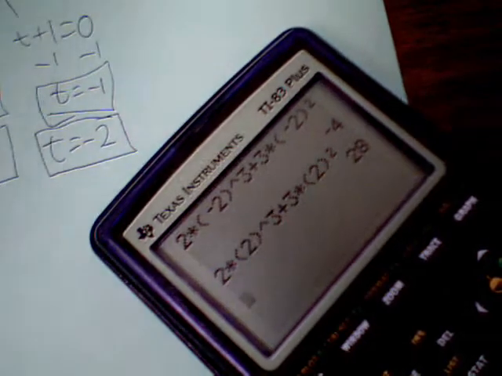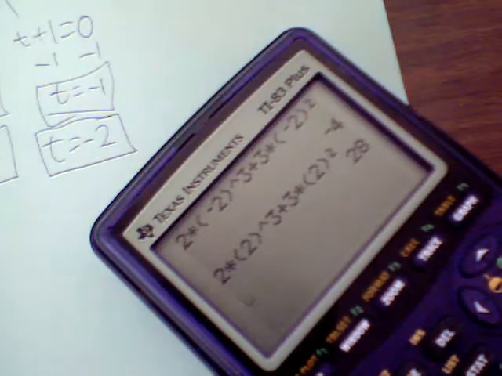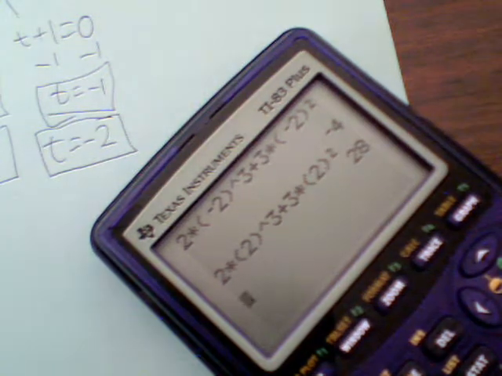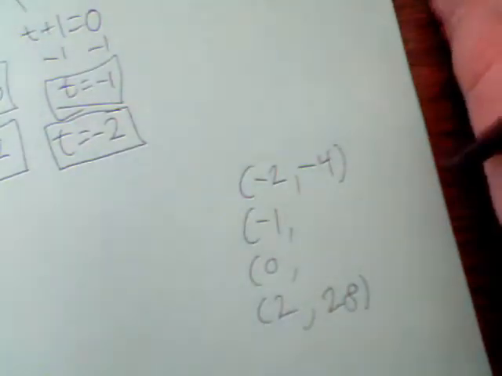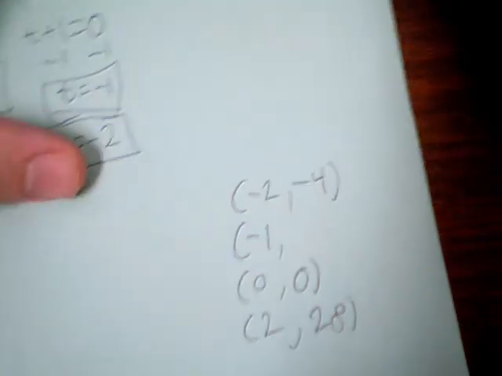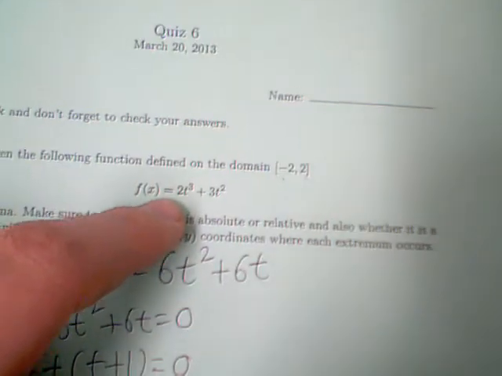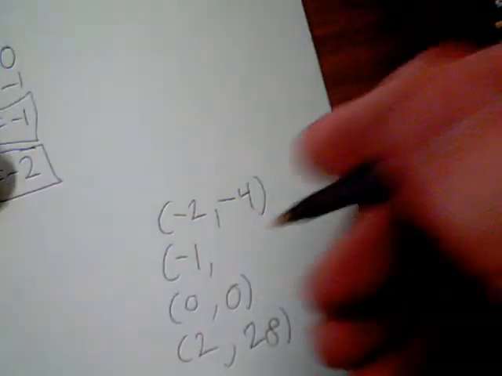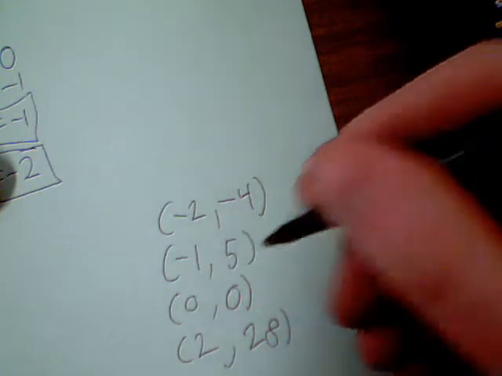If you want to know where those came from, here's the calculator. Just plug it in again to the original equation. If you want to take a closer look at that, just press pause. At 0, you plug in 0, you're going to get 0, but only because 0 plus 0 is 0. Plug in 1, you get 2 plus 3. It's going to give you a 5.